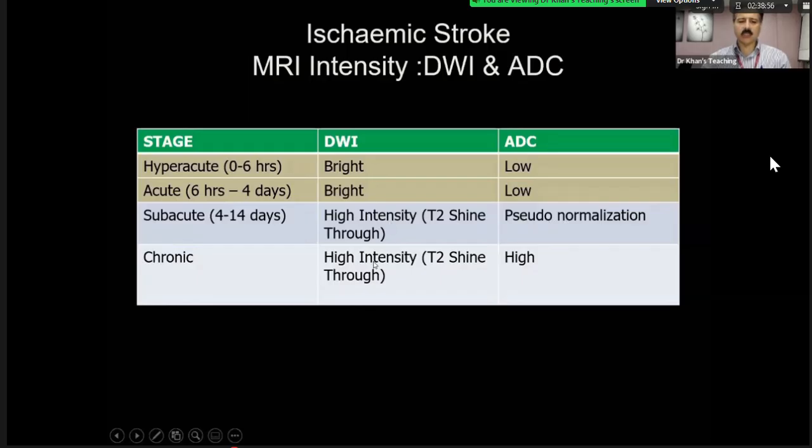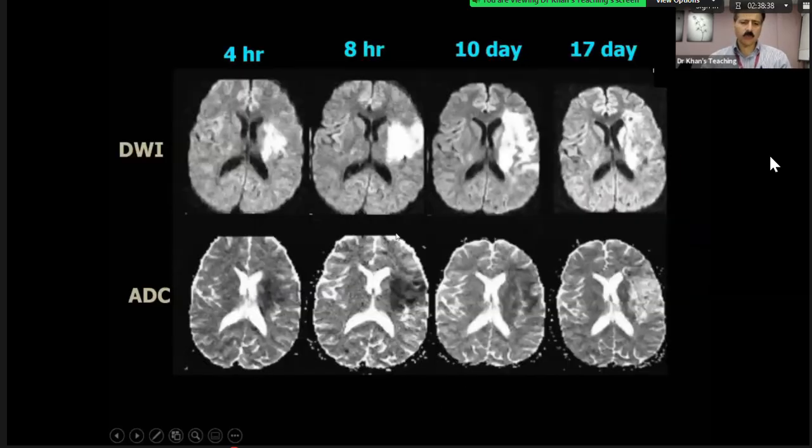And in chronic infarct, this will be high as in T2 because of T2 shine through, and the ADC will also be high. So this concept is important for you to remember. Now, if you see, this is from literature, a case where this is 4 hours, 8 hours.